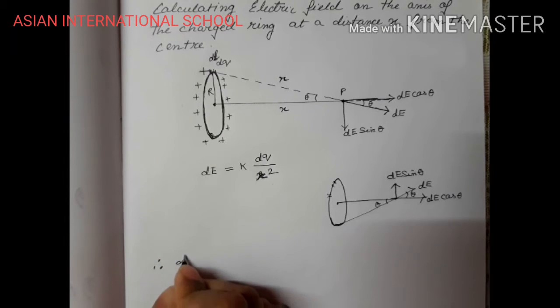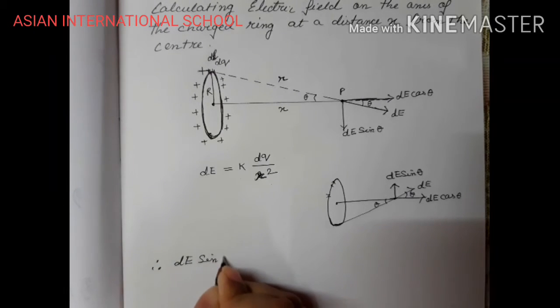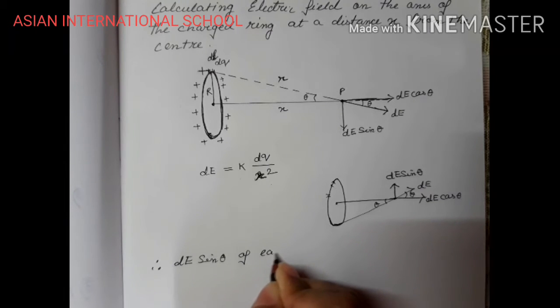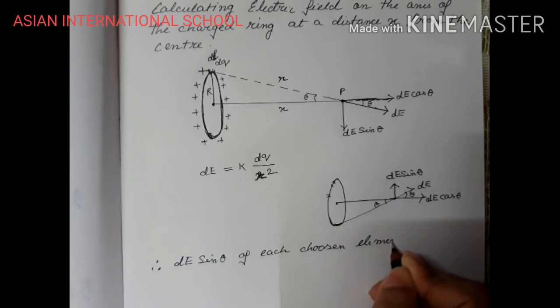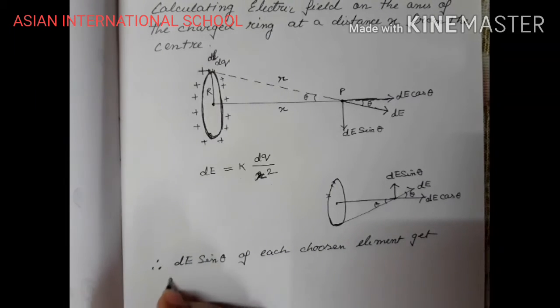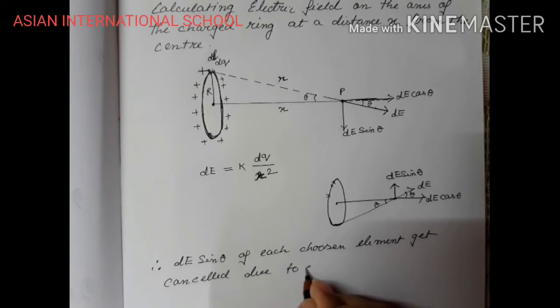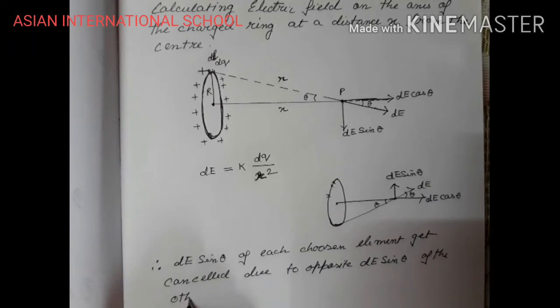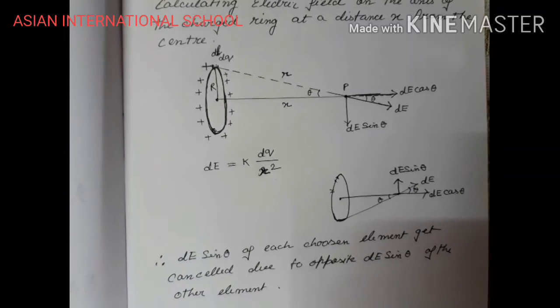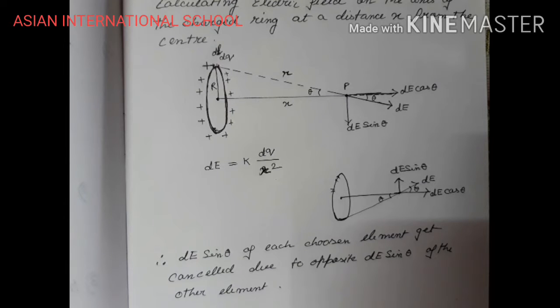Therefore the component dE sin theta of each chosen element gets cancelled due to the opposite dE sin theta of the other element, the element in the opposite direction. So we are going to get electric field because of cos theta.